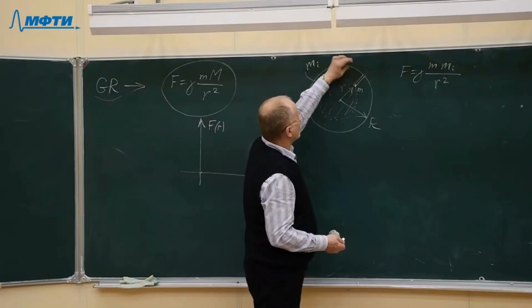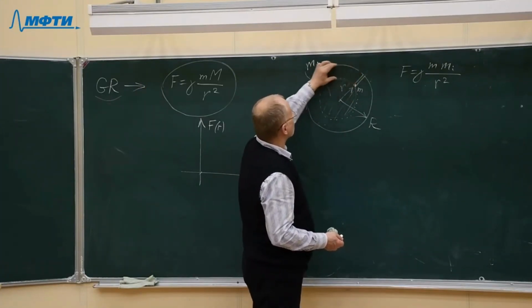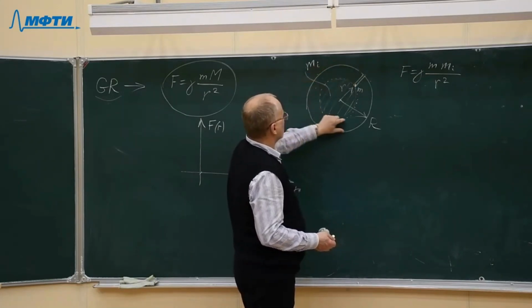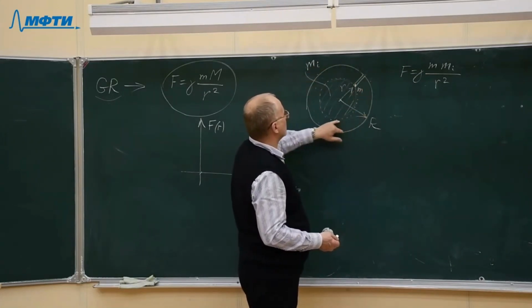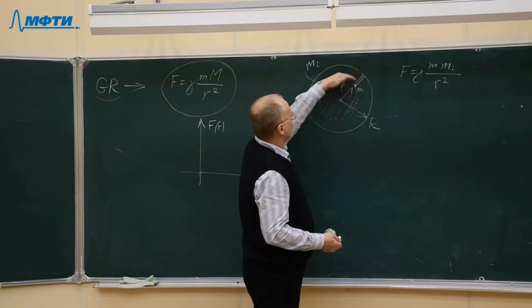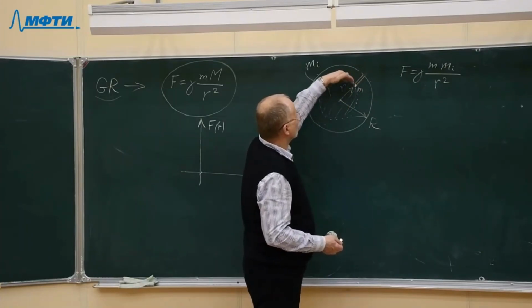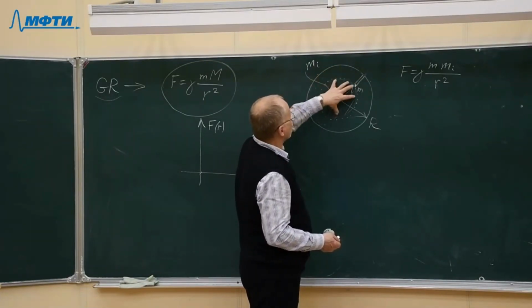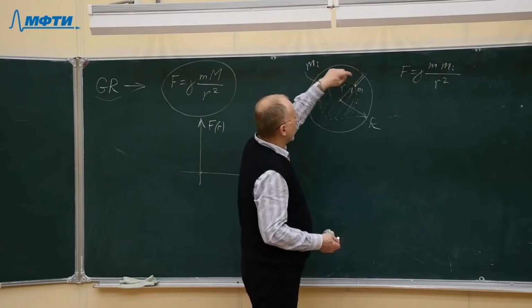The gravitational attraction to all this spherical layer will be equal to 0, because the mass is immersed in a deep well. Everything which is outside the small sphere will not actually act on this, or the action will cancel.